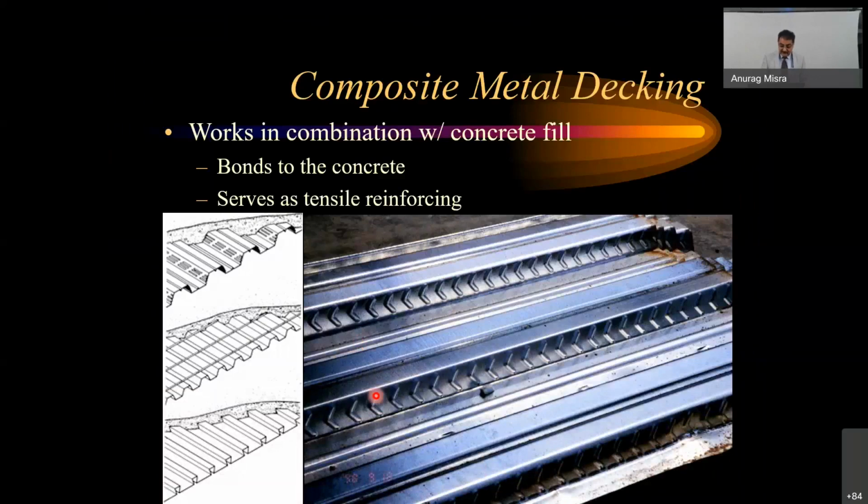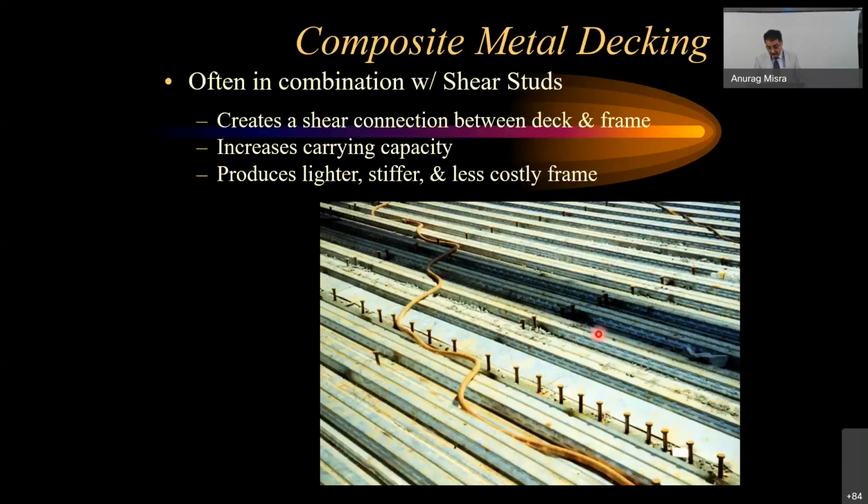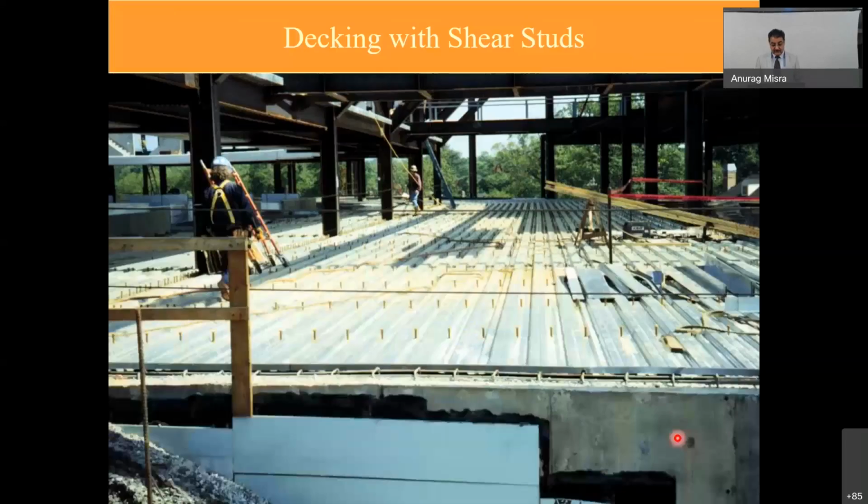These are some examples of deck sheeting which you could directly use as reinforcement also for smaller spans, where you have indentations for providing better shear connection with the concrete, and you just lay concrete over it. You can see the indentations are there, so you just lay the concrete, or place the reinforcement on top of that, and go for the shear connectors on all sides, and you have to design the connections accordingly.